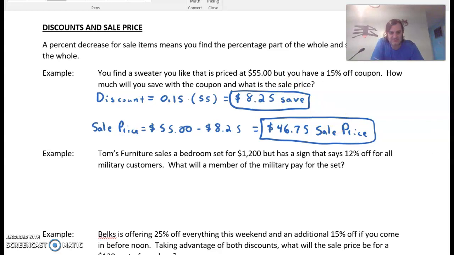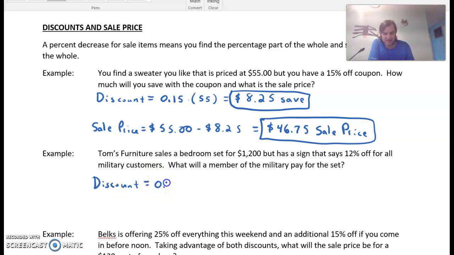All right. Tom's Furniture sells a bedroom set for $1,200, but a sign says 12% off for all military customers. What will a member of the military pay for the set? So it doesn't ask us the discount, but we have to kind of go through there unless we know another way. So we want to find 12% of 1,200.